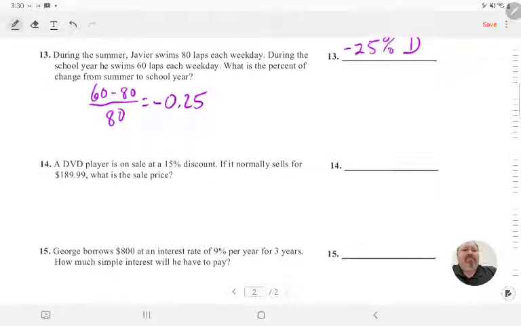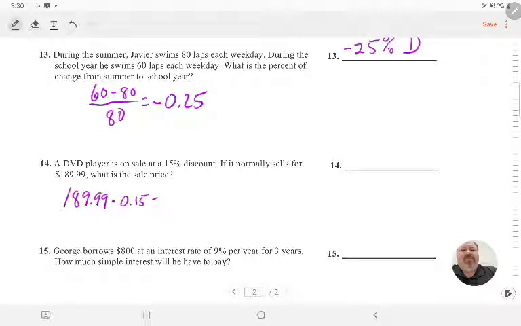Number 14, a DVD player is on sale, 15% discount. If it normally sells for $189.99, what is the sale price? So I can go 189.99 times 0.15, and that's going to give me 28.4985.